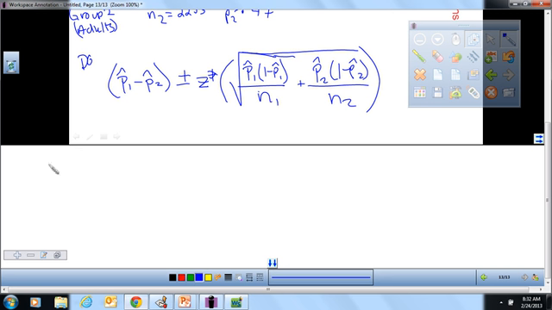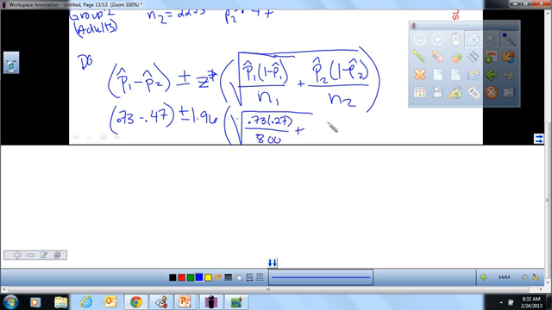So this is my formula, and now I can start plugging things in. This is 0.73 minus 0.47, plus or minus 1.96 times the square root of 0.73 times 0.27 over 800, plus 0.47 times 0.53 over 2,253.